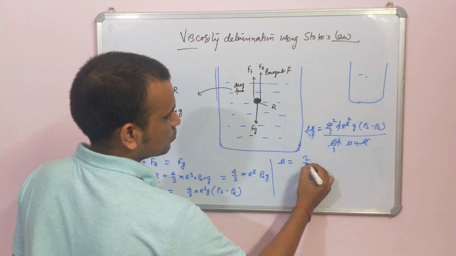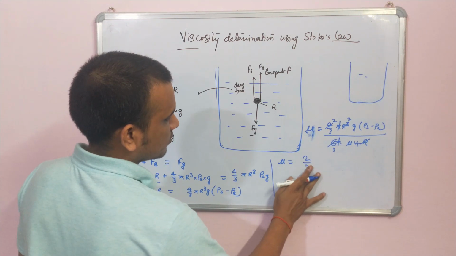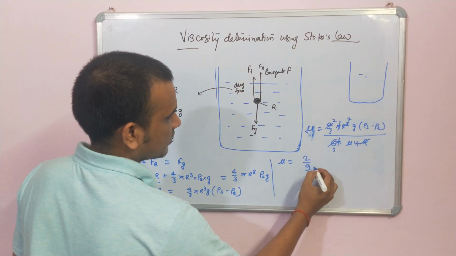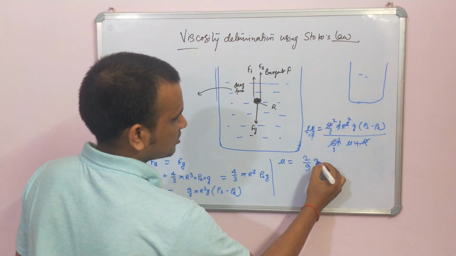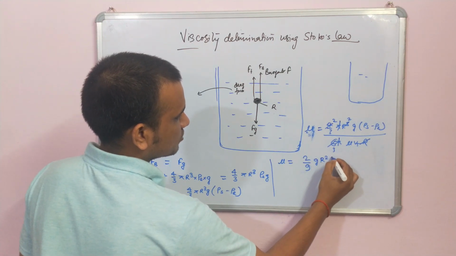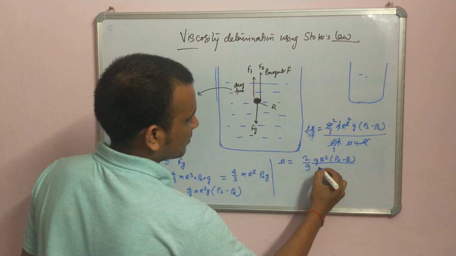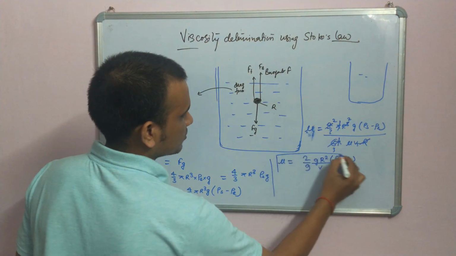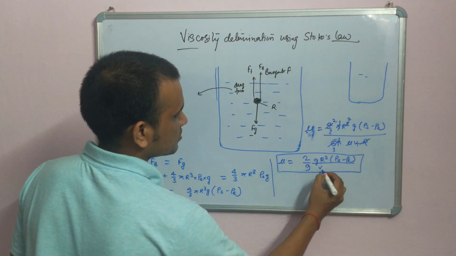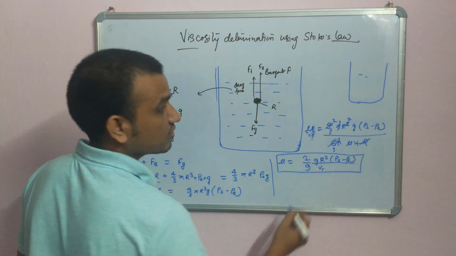So we can write it as 2 by 9 g R square (rho S minus rho L) divided by V. So this is the expression for this viscosity. V can be written as Vt.